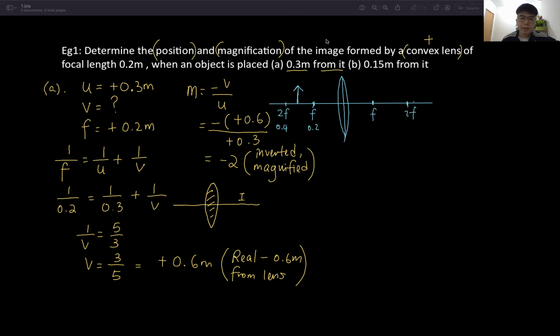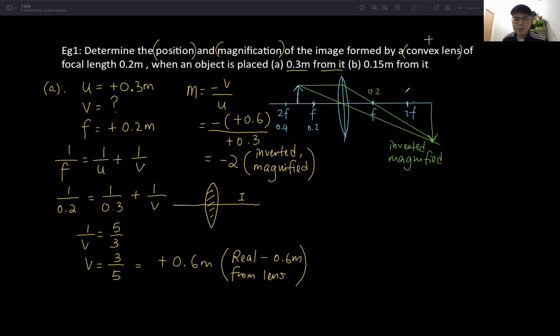Then you do the sketching. Parallel, focal, and then like this, center. Let's say this one joins here. Then you have your image like this. Then you can see inverted, magnified. How far from the lens can you measure?